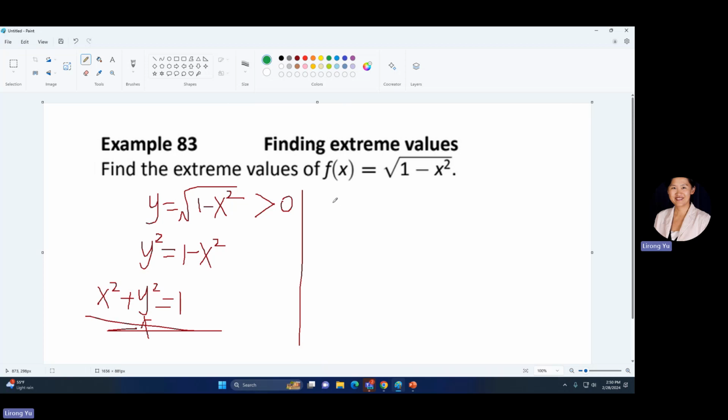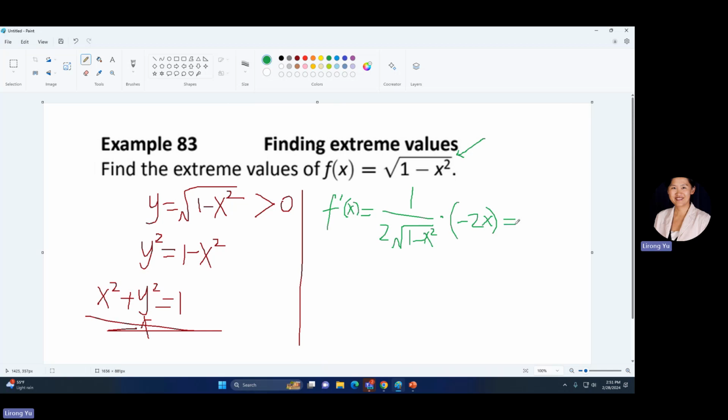You would find the derivative. The derivative of this function is 1 over 2 root 1 minus x squared. On the outside is a square root function, so we have its derivative. We also have to multiply by the derivative of the inside function, which is negative 2x. 1 minus x squared has derivative negative 2x.